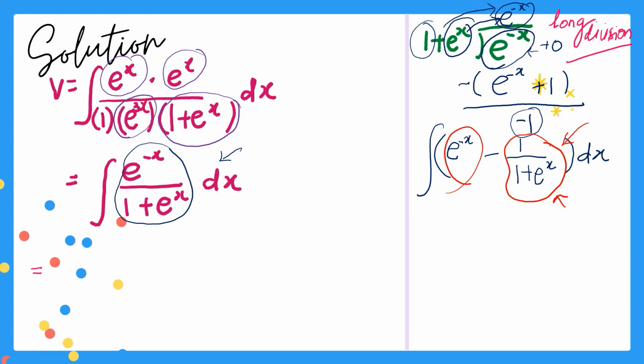Now we can solve the integration. We have the integral of e^(-x) is negative e^(-x). Then we have negative, and then take back the solution of 1 over 1 plus e^x. Then you plug in here, so that is your v.